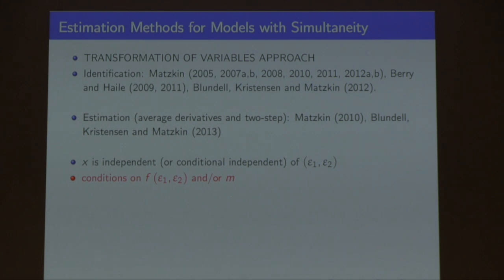We have some conditions on the density or the function, and a critical assumption is invertibility, at least local invertibility, which means that if we observe a vector of y's, and we know that it's generated from a vector of epsilons, then there is a one-to-one relationship between these two.